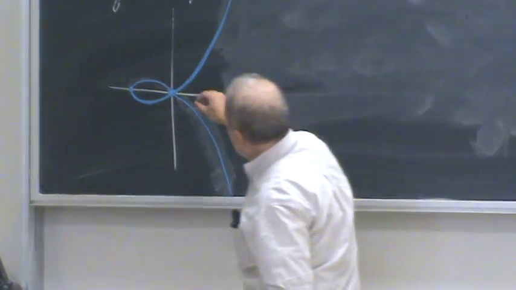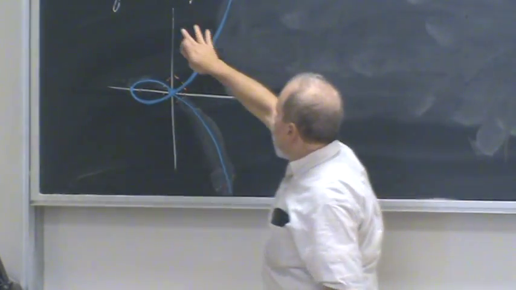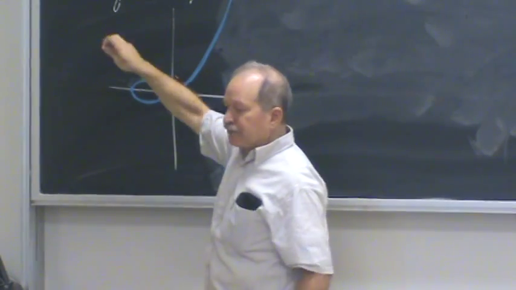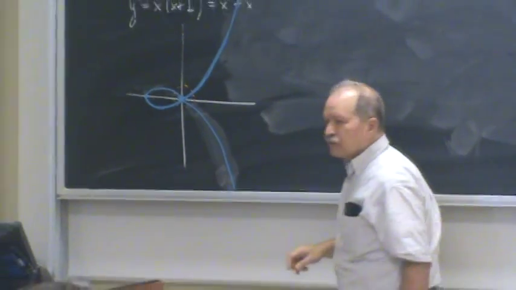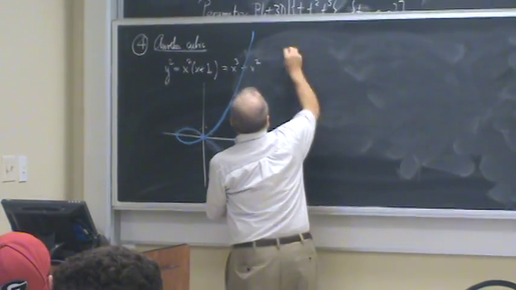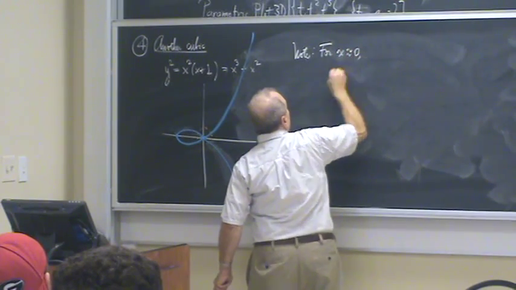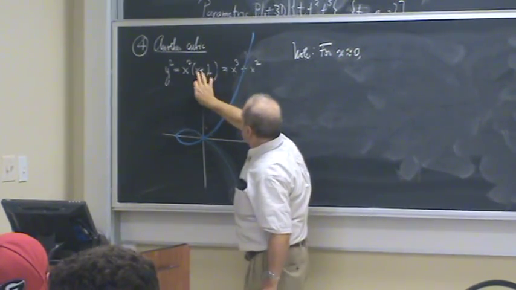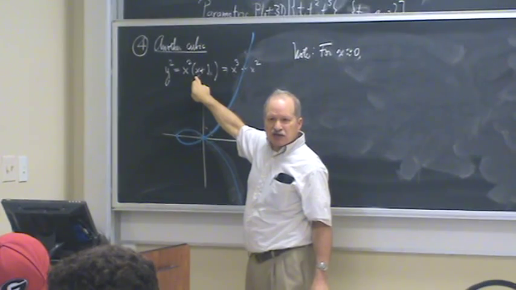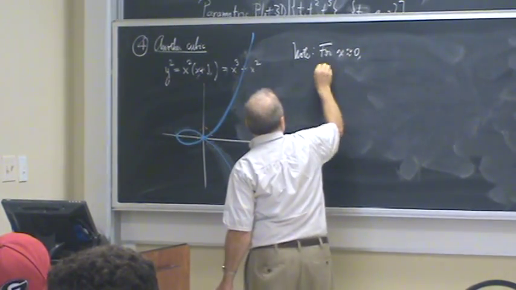Now, why should you have predicted what it looks like near here? What does this equation look like when x is near 0? This term looks like what when x is near 0? 1. So it looks like y squared equals x squared.